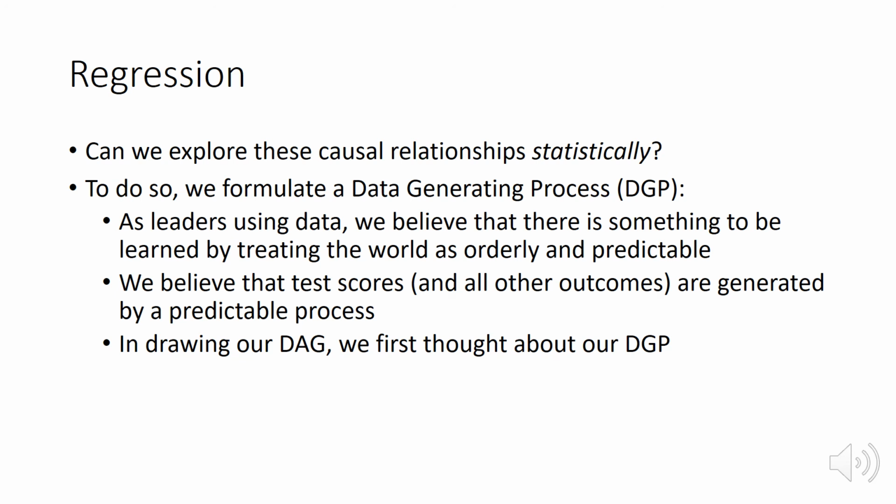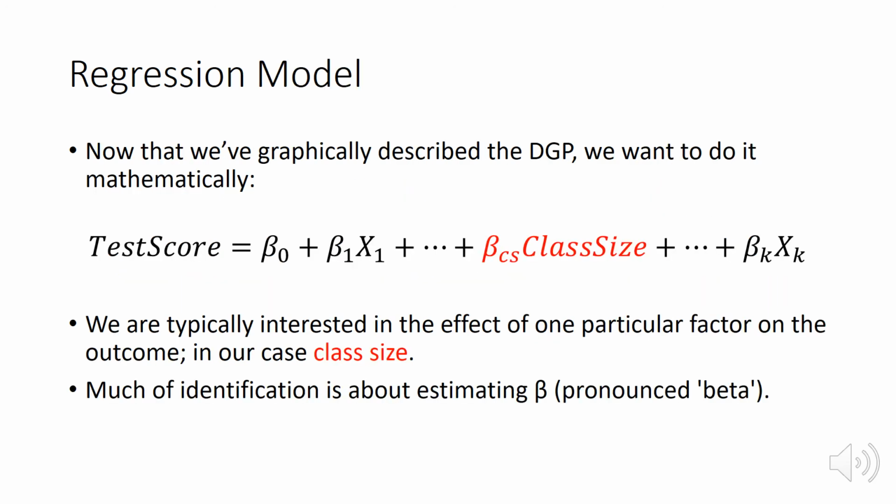We believe that test scores, for instance, are generated by a predictable process. So what we've done is we've thought about how the data come to us. We've drawn it out in a DAG. Now we want to write it out mathematically. And again, this is not a math class.